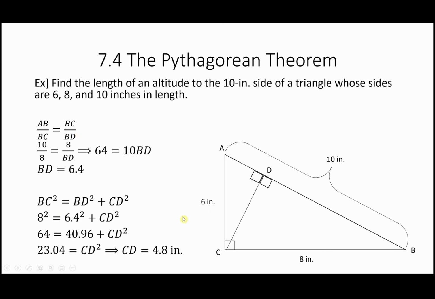Sorry, scratch what I just said. One of the legs of the main right triangle is the geometric mean of the hypotenuse and the segment of the hypotenuse adjacent to that leg. Whew. Sorry, I misspoke earlier.